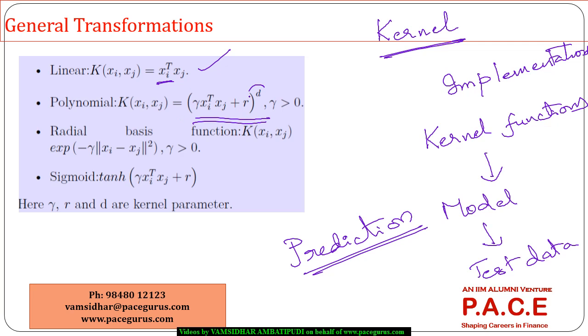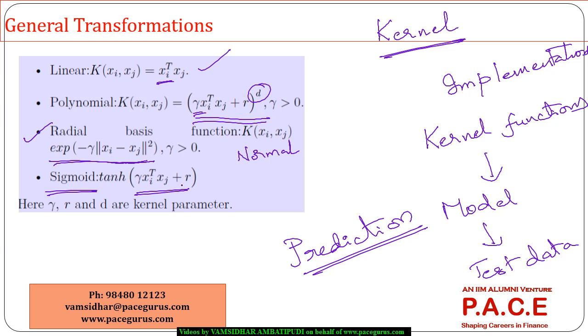You could see something raised to the power of d, and gamma is a parameter used as a multiplier in front of the original parameter value. Similarly, you could have a radial basis function, which is more similar to the assumptions of normal distribution. Then you have a sigmoid kernel, which does a hyperbolic tangent transformation.